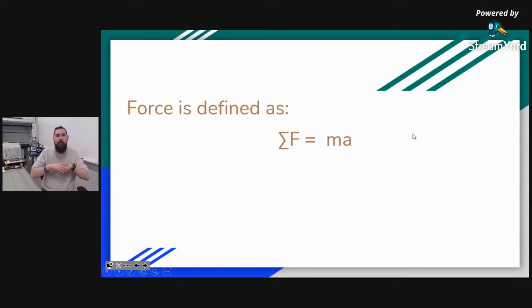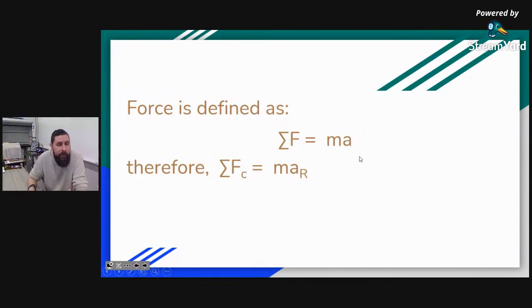So moving onwards, back to kinematics. How do we actually calculate this centripetal force? Well, we start with our basic equation that net force is equal to mass times acceleration. If our acceleration is centripetal, or radial acceleration, then net force centripetal equals mass times acceleration radial.